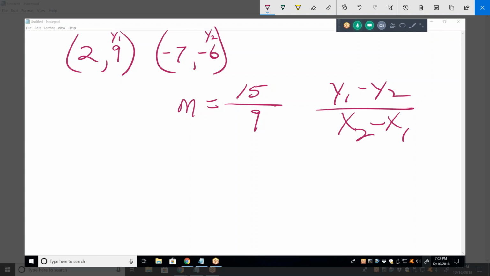So to avoid ever making the mistake, I would tend to always keep it y2 minus y1. If you do that here, you get -15 in the numerator because you start with -6 minus 9, and you get -7 minus 2, which is -9 in the denominator. So your slope still comes out to be 5/3 positive.